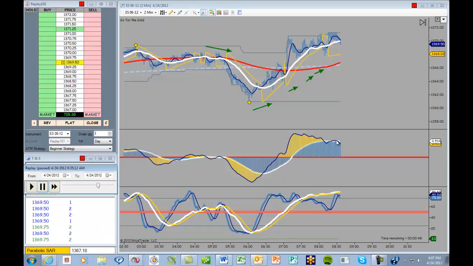This is looking much better. We got the crossover, second try, price went higher, MACD did not, so we've got divergence now. Another bearish crossover, and we've got this thing definitely looking bearish, and there's a little white coming out of the yellow there.